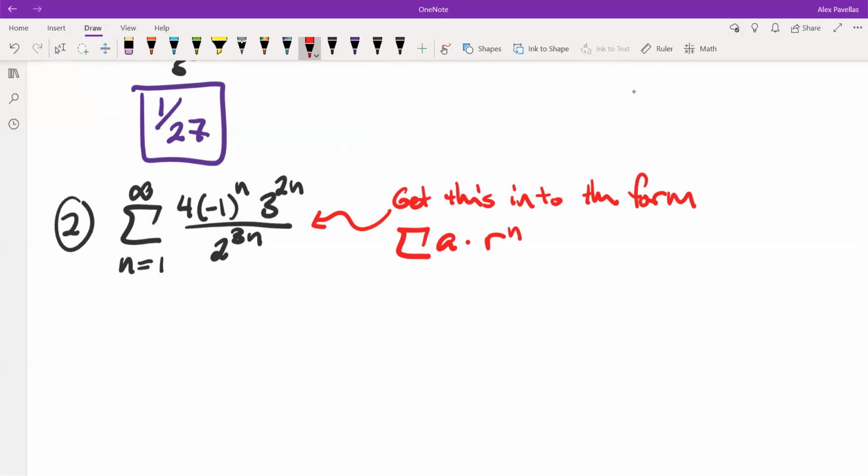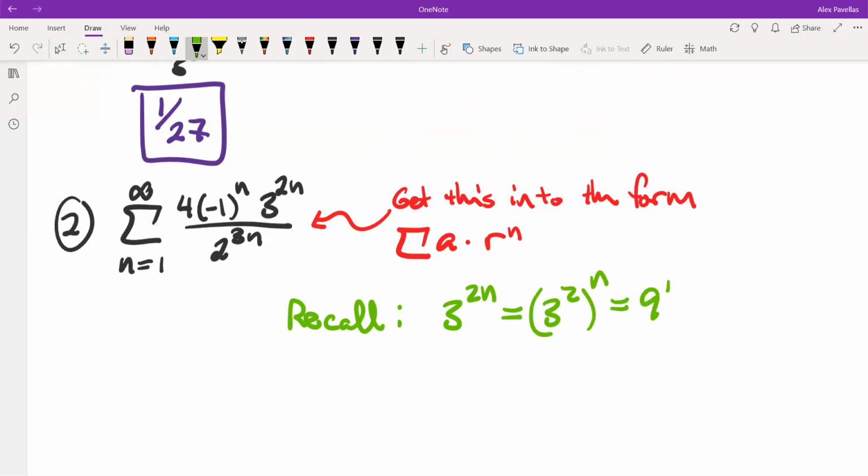Okay, well, there's some annoying things going on in the exponent. So you might recall a very useful exponent rule: 3 to the 2n, that's the same thing as 3 squared raised to the n, which is the same thing as 9 to the n. And we could do the same thing with the 2 to the 3n.